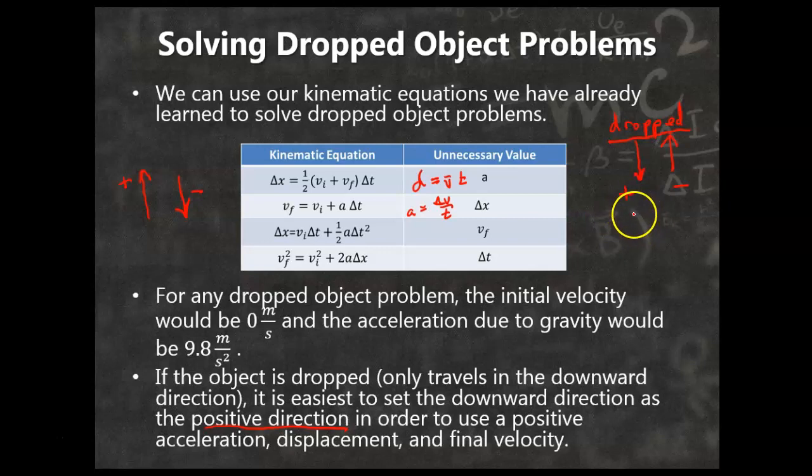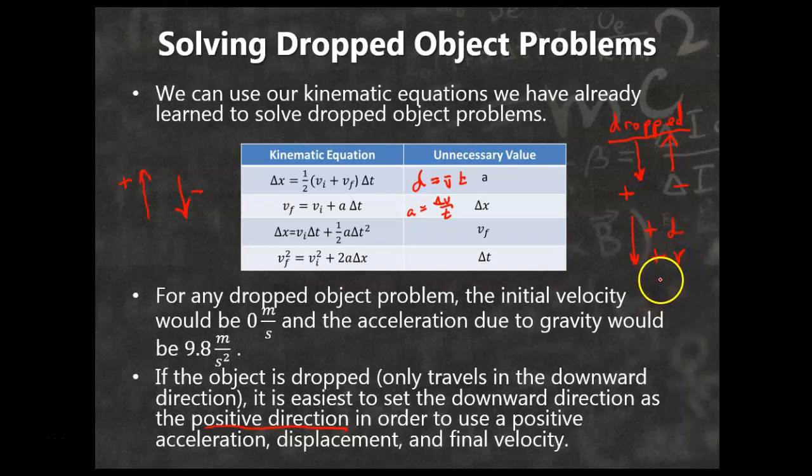That means if we drop an object, as it moves more and more in the downward direction, we're assuming it's moving in the positive direction for displacement. As the velocity speeds up in the downward direction, we're assuming the velocity becomes more and more positive. And so our displacement becomes more and more positive. Our velocity becomes more and more positive.